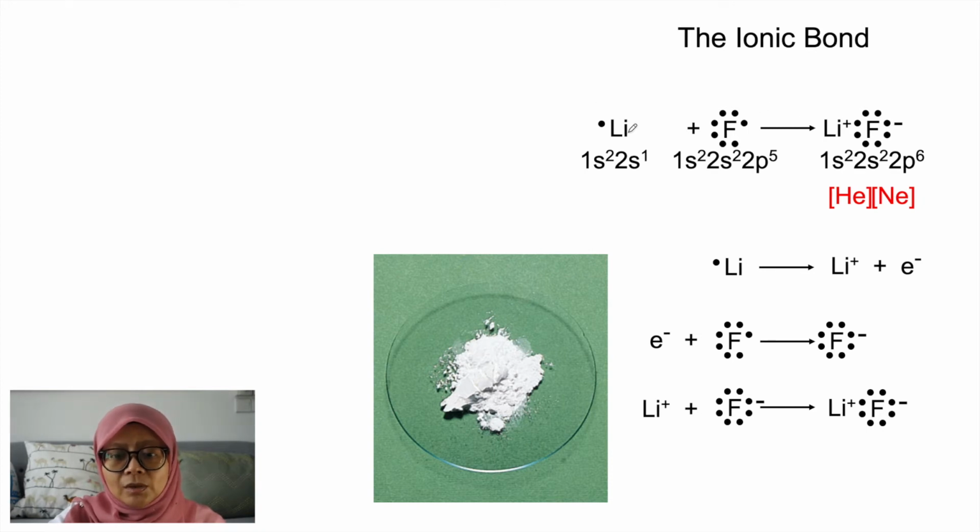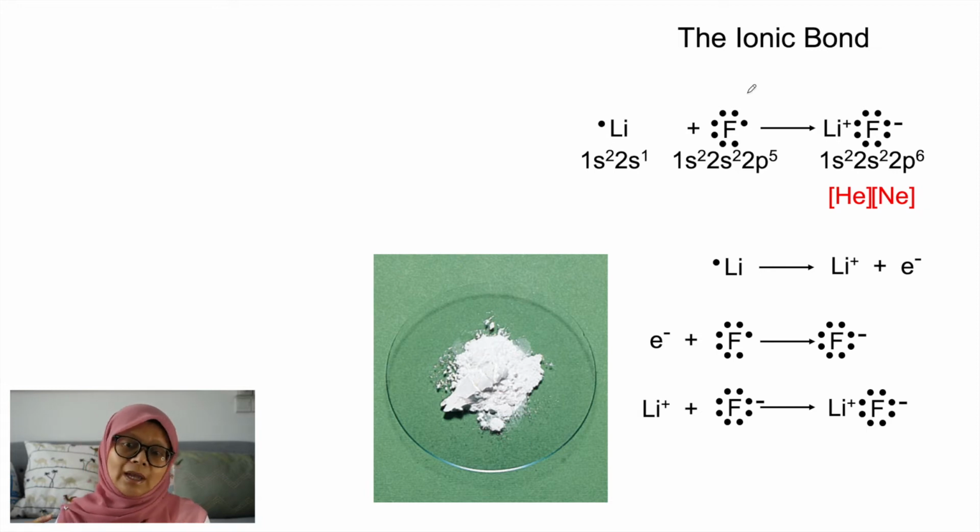Lithium is from group 1, so it has one valence electron. While fluorine comes from group 17, so it has 7 valence electrons: 2, 4, 6, 7. This is the electron configuration for lithium, while this is the electron configuration for fluorine.